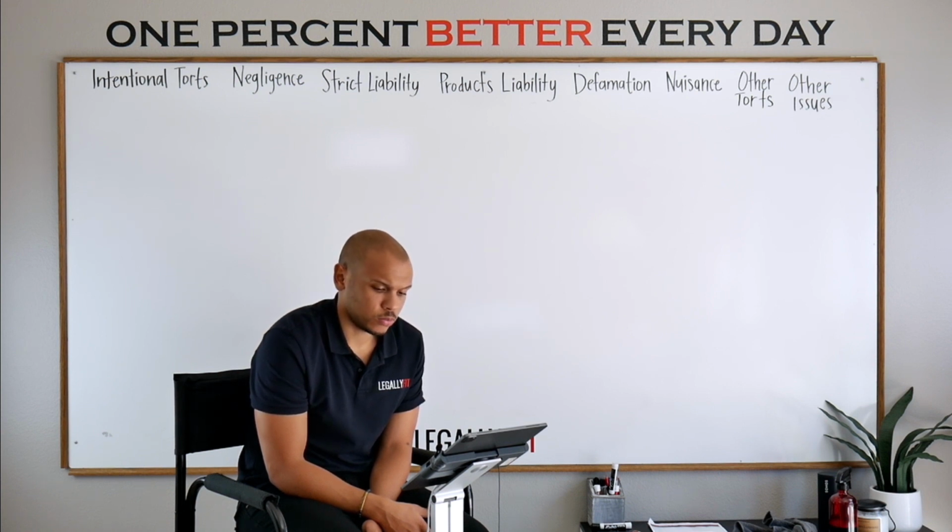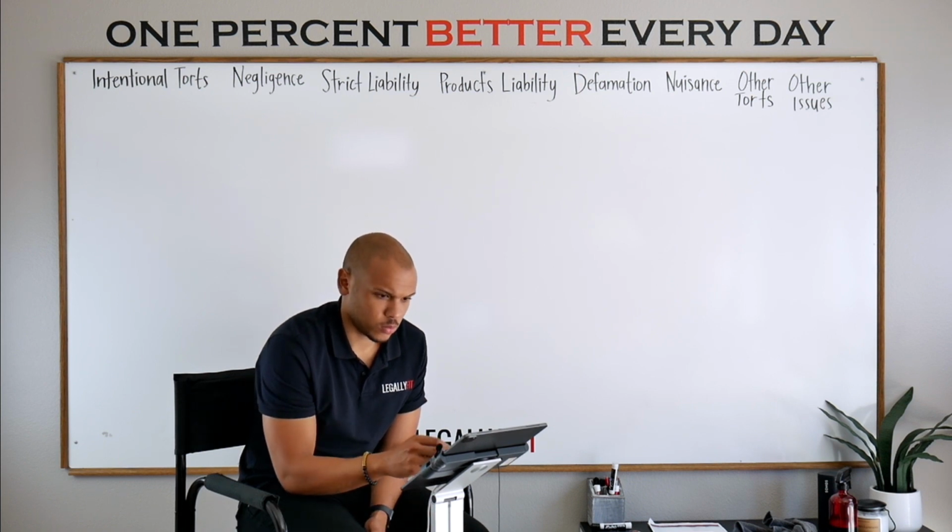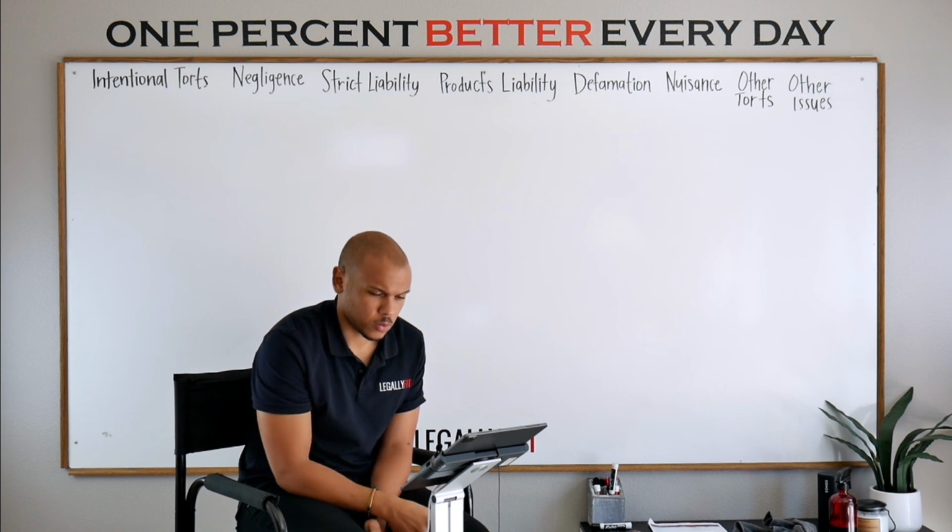Pointing a gun at someone is extreme or outrageous conduct, and that conduct caused her severe emotional distress, which can be seen by her manifestation of fainting.